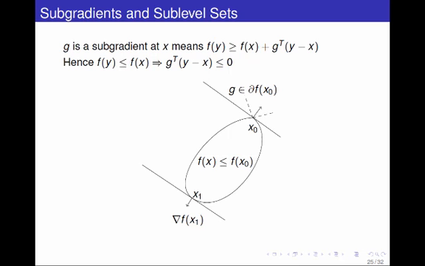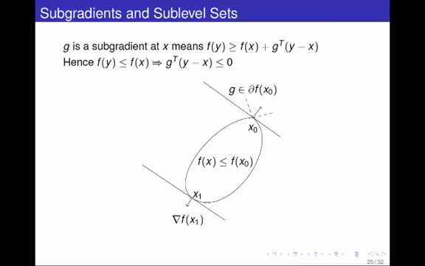So what is this telling us geometrically? Suppose someone tells me what the subgradient is at a certain point. I know that if I want to find a point where the function f is less, the direction I need to move has to form more than 180-degree angle with the direction of g.